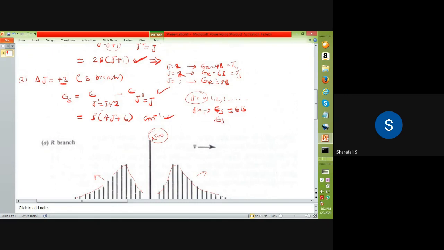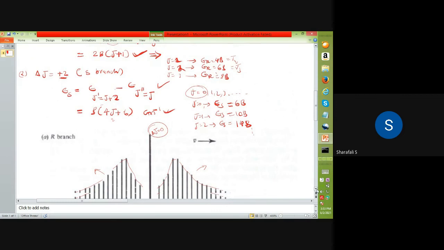Then epsilon s for j equal to 1 will be nothing but 10b. Next, for j equal to 2, epsilon s will be 4 into 2, 8 plus 6 equal to 14b, and so on. So this is the spectral position in centimeter inverse corresponding to the S branch with the transition delta j equal to plus 2.